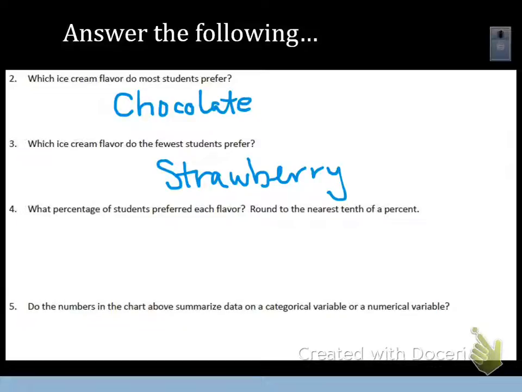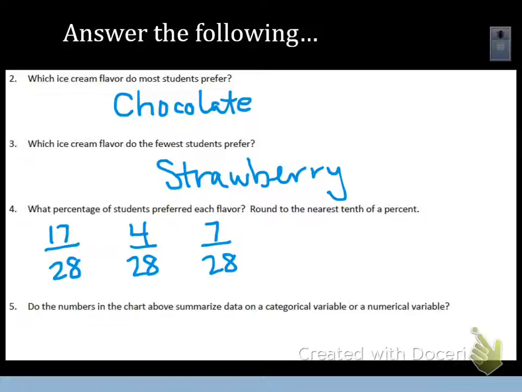So if I look at my chart, I know that 17 out of 28 preferred chocolate, 4 out of 28 preferred strawberry, 7 out of 28 preferred vanilla. Okay, and remember, in order to turn those into percents, I would first convert that to a decimal and then convert that to a percent.